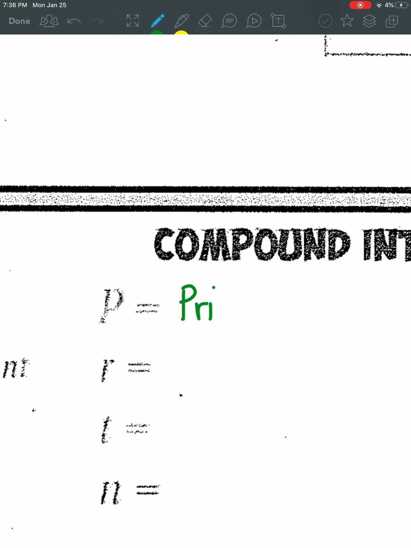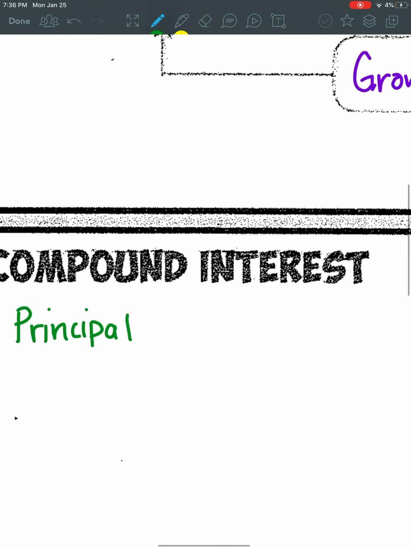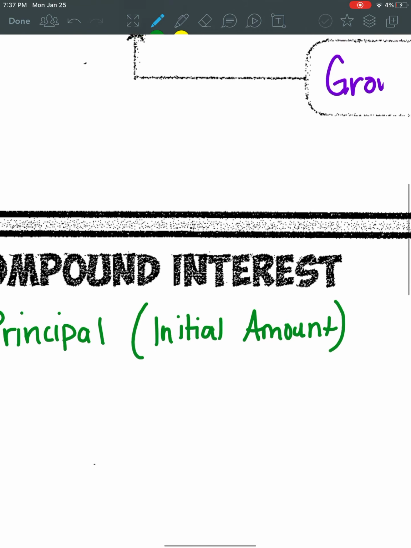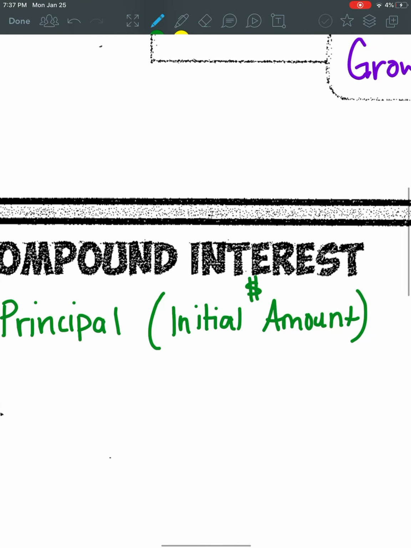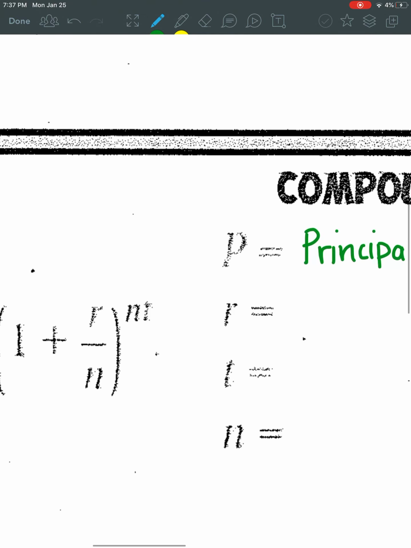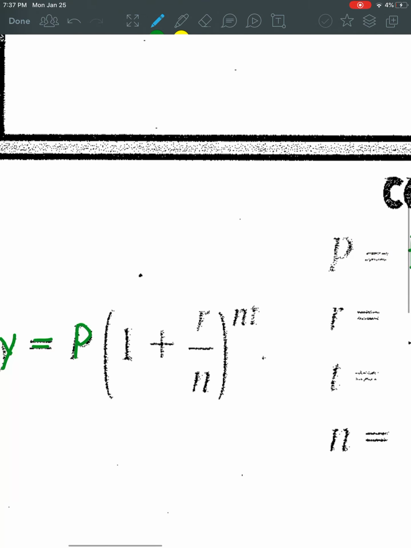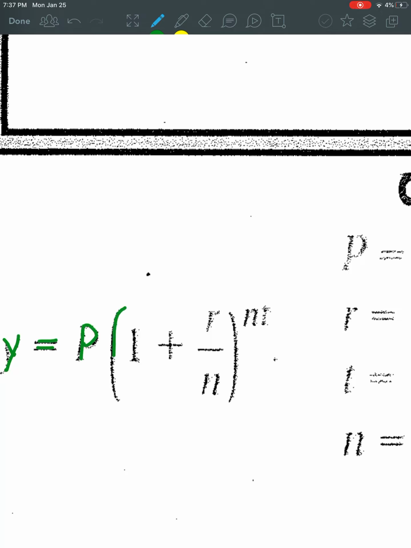There's a big capital P, so P represents the principal. In this case, the principal is just like your initial amount, so the starting amount. That is also always your amount of money. R does stand for your annual interest rate.